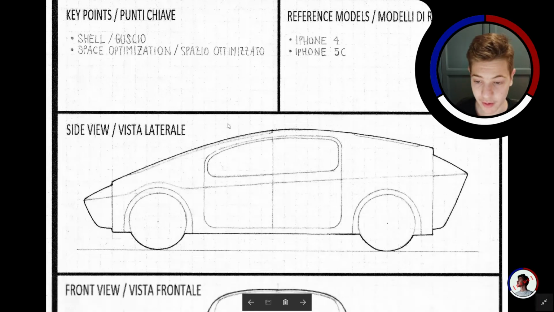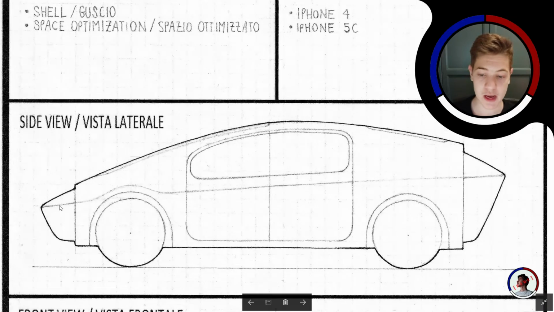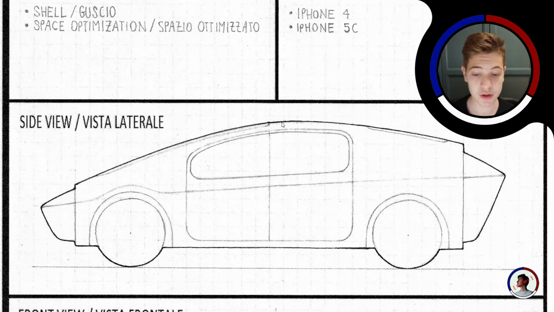Now let's talk about the side view. So here it is. As you can see here, I try to define a minimal design, so there aren't a lot of details, and generally speaking it's very minimal.